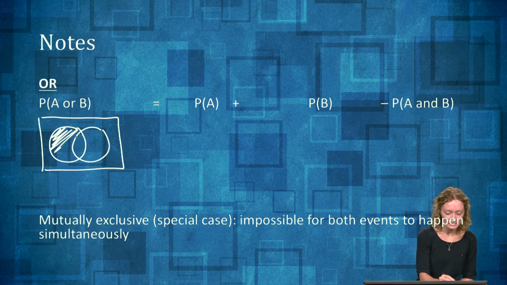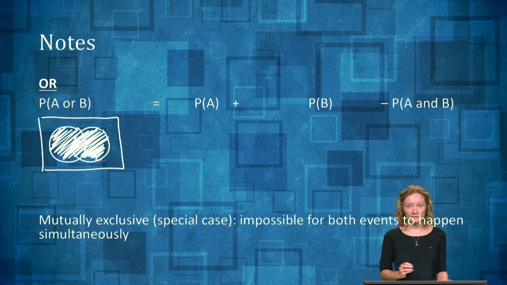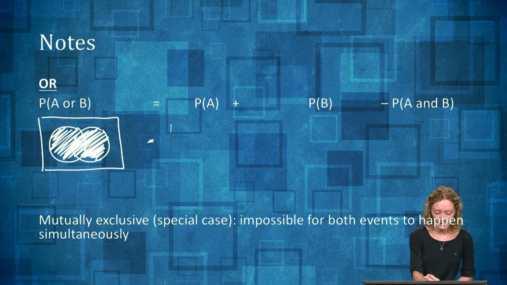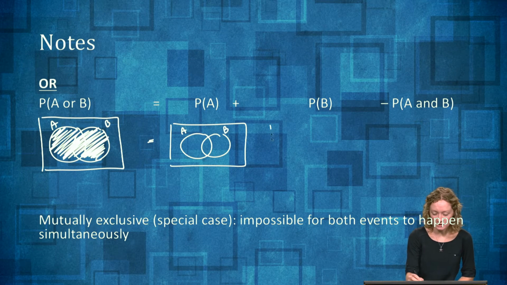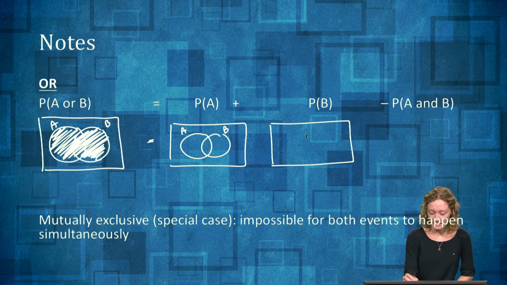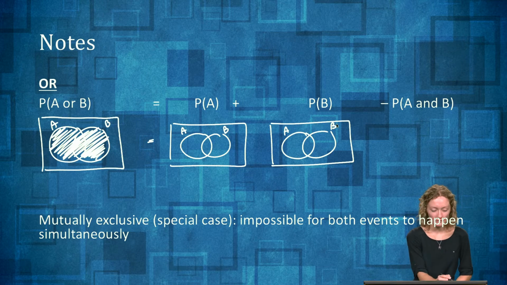Remember, in sets, this is what A or B looked like, and we know what each one individually looks like, A, B. You're not going to be asked to draw these pictures anywhere, at least in this chapter. I just want to give you the visual of, if we're looking for the probability of this or this, where does this stuff come from?